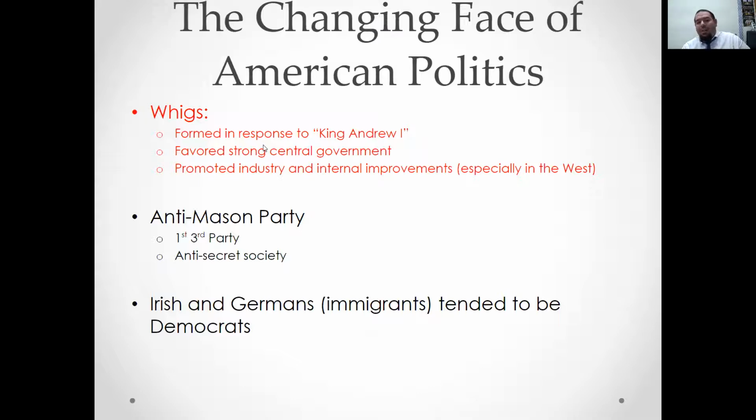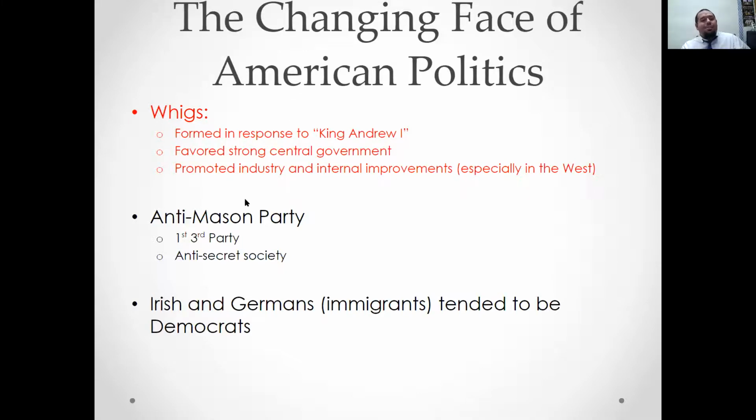Now you have the Whig Party, which was formed under Henry Clay in response to, quote, "King Andrew the First." The Whigs were in Parliament during the American Revolution; those were the people who opposed King George III. That's how they get their name transferred into American politics.